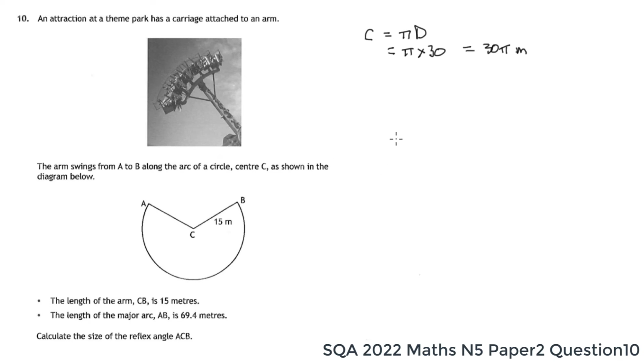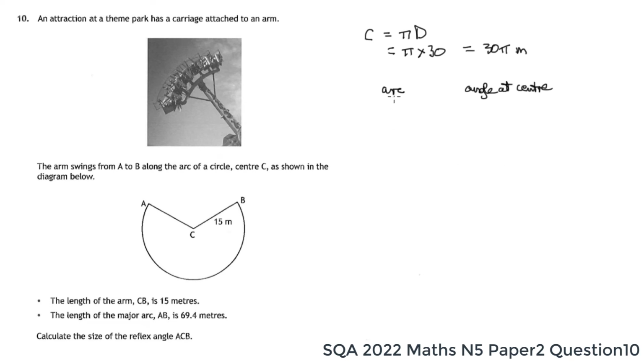Now we're asked to find the size of an angle. So let's do two columns. Let's do arc and let's do angle at the centre. So what do we know so far?